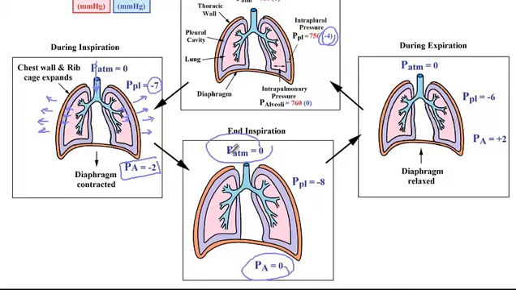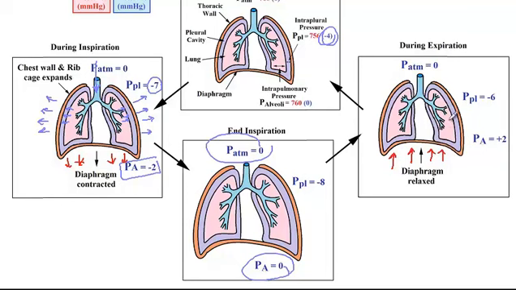And so next we have to exhale the air. During inspiration, the diaphragm contracted and the chest wall expanded, as a consequence of which there was increased total volume of the lungs. Now during expiration, the diaphragm relaxes and pushes the lungs upward, as a consequence of which the pleural pressure will now increase from -8 to -6, and the volume of the lung will decrease.